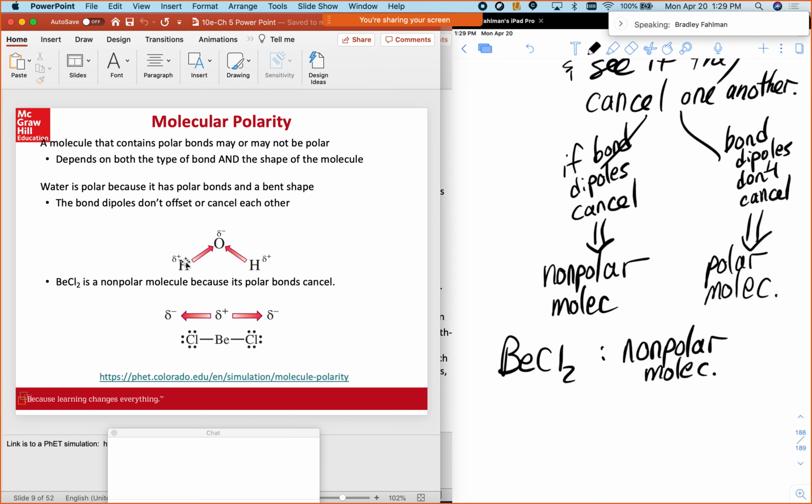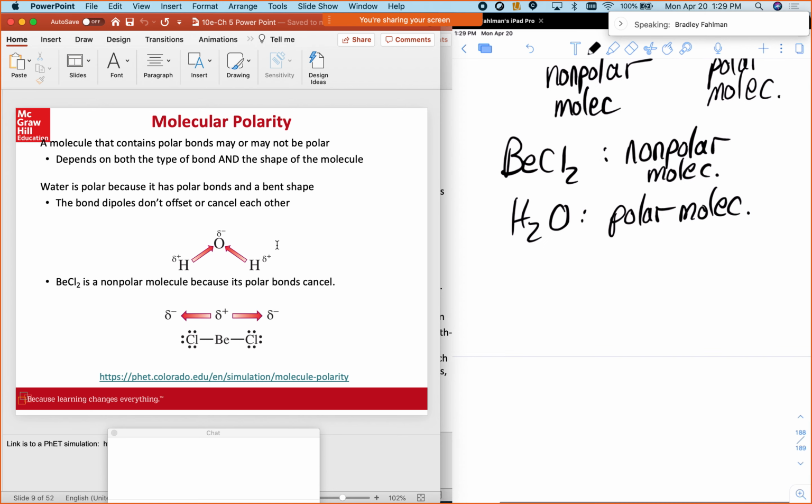But now if you're moving in this direction and that direction, they don't cancel anymore, because they're not in opposite directions. The bond dipoles don't offset each other, and so water is a polar molecule.